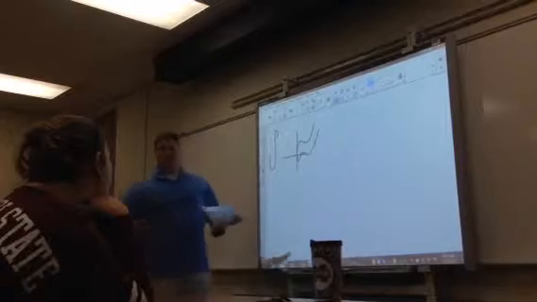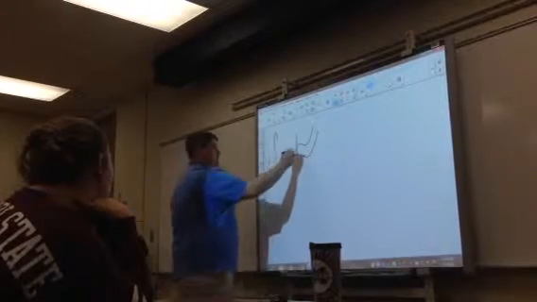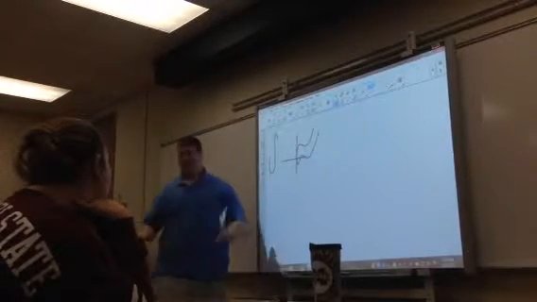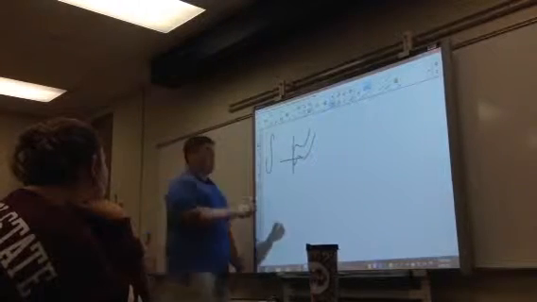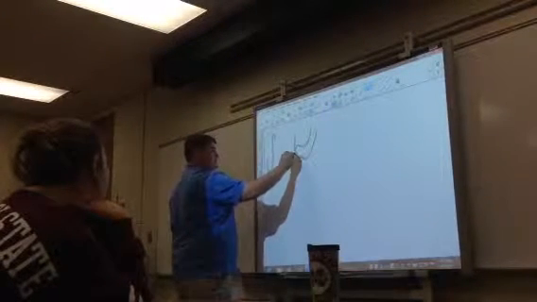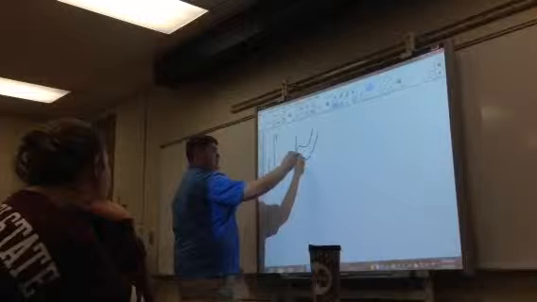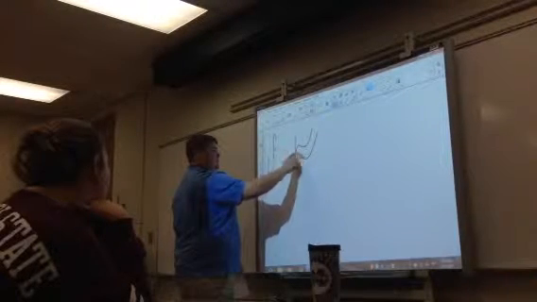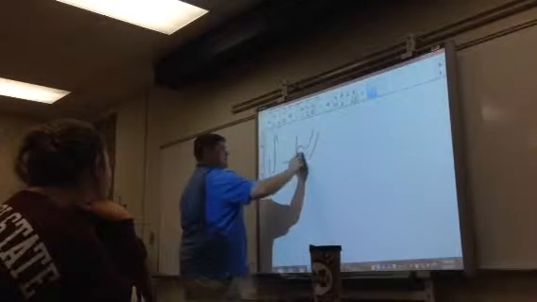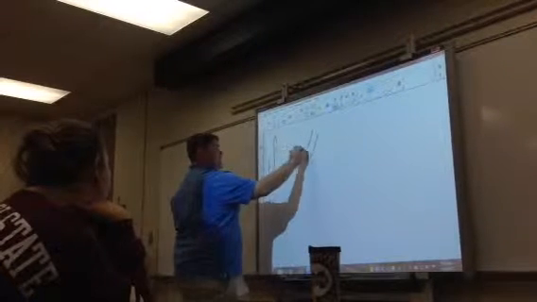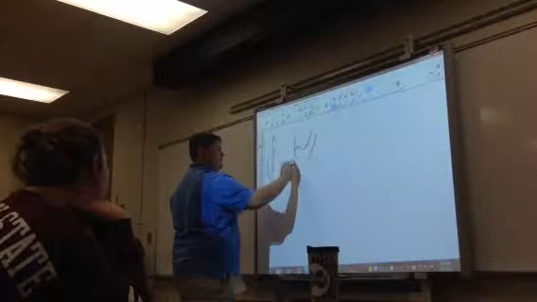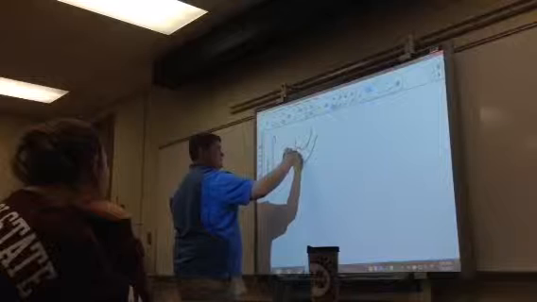And he used the idea of rectangles to find the area under the curve, because he knew how to find the area of a rectangle. And so in order to do that, he would draw little rectangles in here in order to calculate the area of these curves.